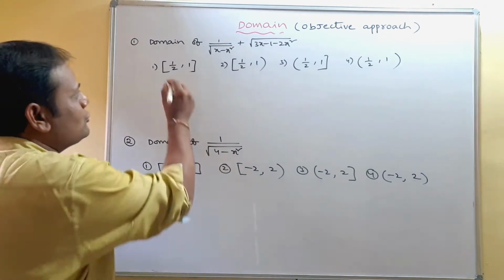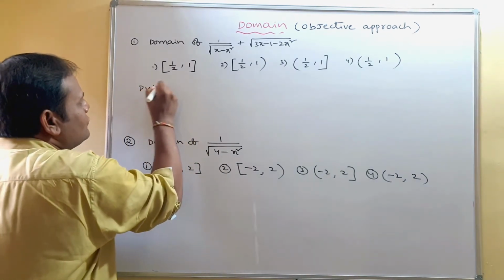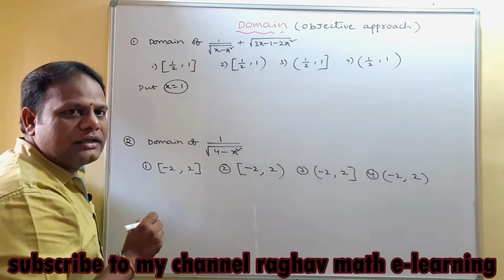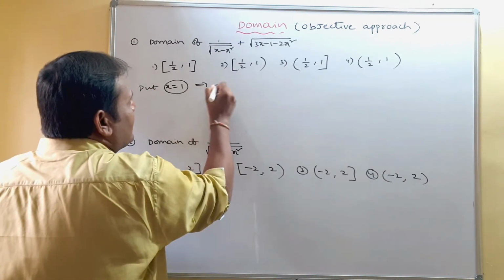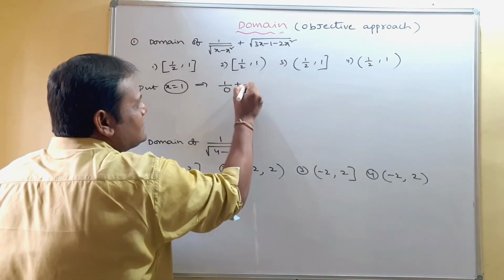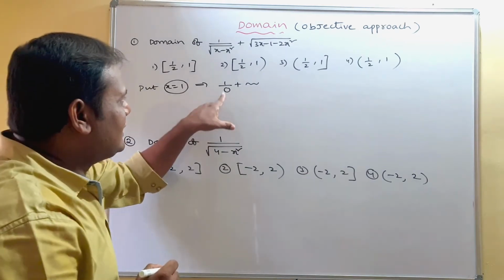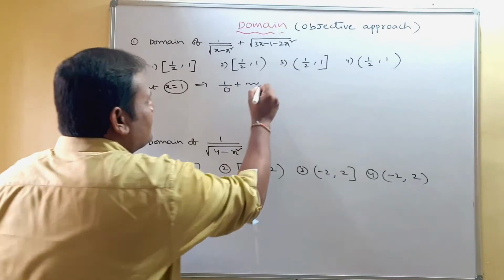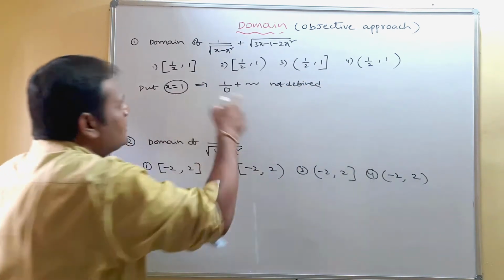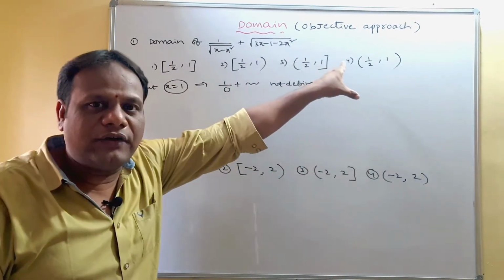So, put x equal to 1 in the function. Then you get 1 by 0, because 1 minus 1 is 0, plus something, whatever it may be. Is it defined or not defined? Not defined. At x equal to 1, this function is not defined.